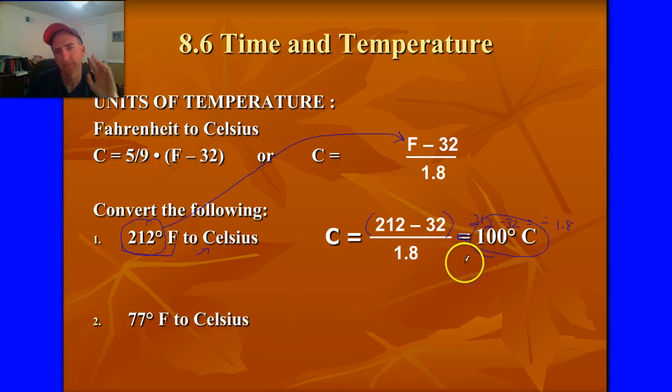Now, this will be the last thing I say about this, but do you know what happens at 212 degrees Fahrenheit? Did you say water boils? Because it does. Water boils at 212 degrees Fahrenheit or 100 degrees Celsius. So, here's the conclusion.